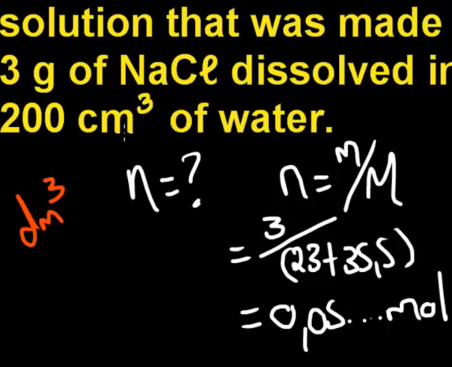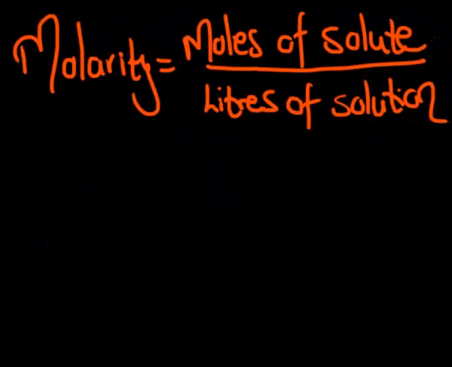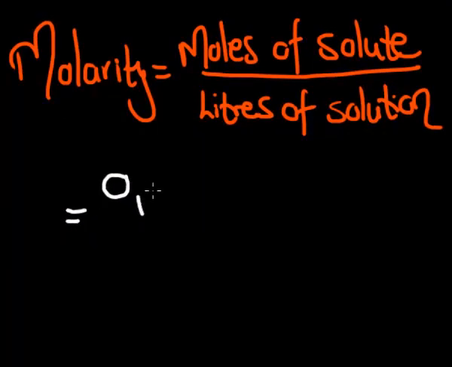So I'll need to take my cubic centimeters to cubic decimeters, and we'll do so by dividing with 1,000. So we'll take our 200 cubic centimeters divided by 1,000, which will end up giving me 0,2 cubic decimeters. So thus it will be that 0,05 with all of its decimal places divided by 0,2.